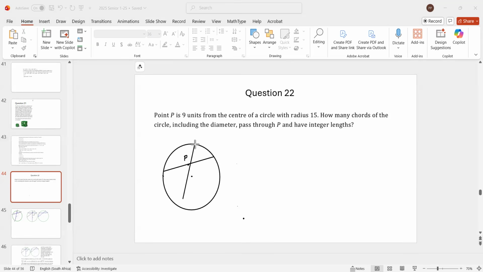But the question is, how many chords have integer lengths? So amongst all these chords, you have a diameter. See, I could have the diameter which goes through the center. And that's the largest chord, right? So the largest chord is the diameter.